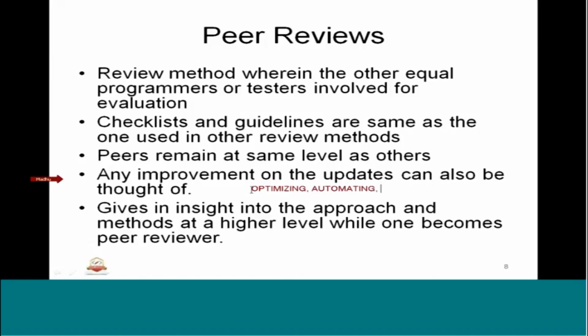I would say improvement in terms of effectiveness of the output or the program, how much it can be effectively done. There could be a tedious method, there could be a short method. All this can be thought of. So that is what improvement can be expected in the peer reviews.